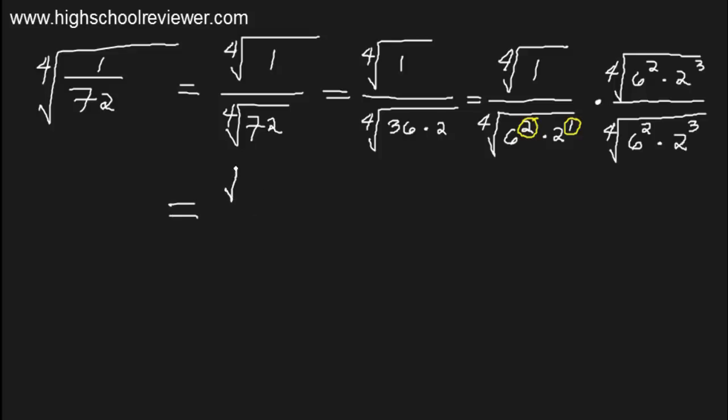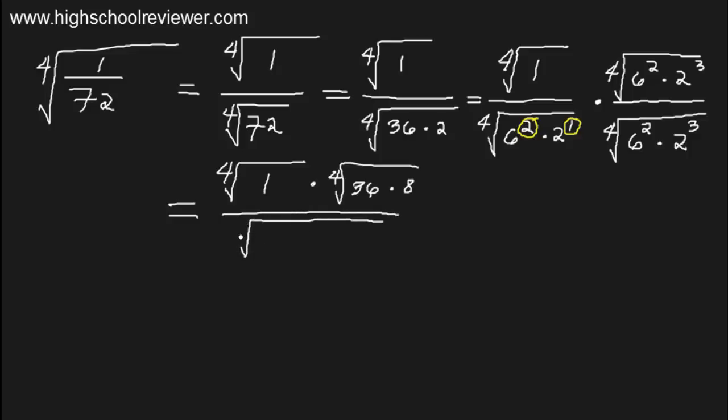So we will have here the fourth root of 1 times the fourth root of 6 raised to 2, that will give us 36, multiplied by 2 raised to 3, that will give us 8, all over the fourth root of 6 raised to 2 times 6 raised to 2 times 2 raised to 1 times 2 raised to 3.